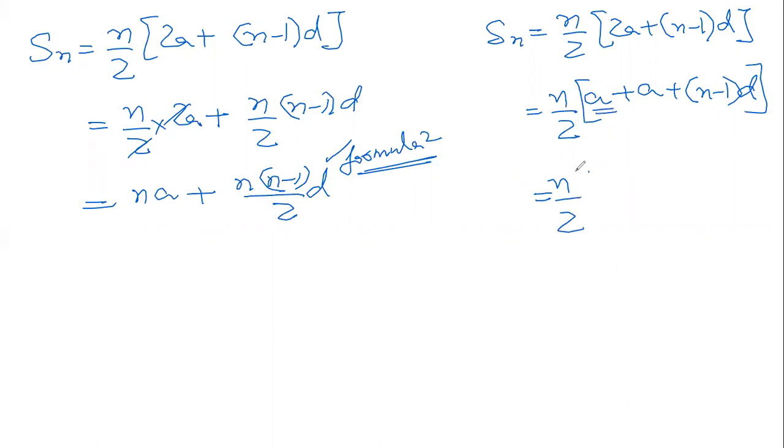A is nothing but our first term. And a plus n minus 1 into d is our what term? Look at the formula. What term is this? Tell me in the chat box. A is T1. Very good, Karthik. It is Tn. It is the nth term. And this is formula number 3.